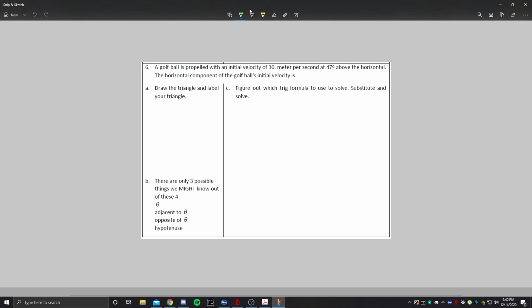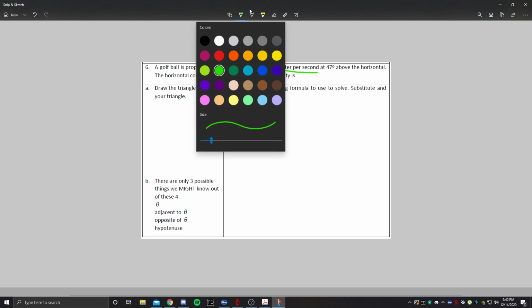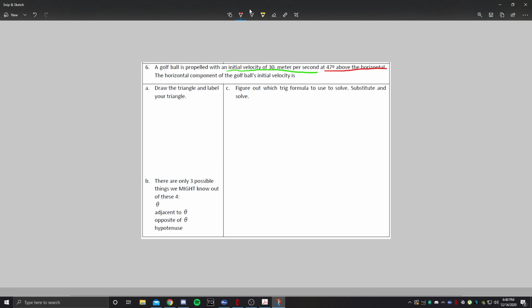So a golf ball is propelled with an initial velocity of 30 meters per second at an angle of 47 degrees above the horizontal. So you have a triangle again, with 47 degrees. You know the golf ball's initial velocity, and you want to find out what your horizontal velocity is.